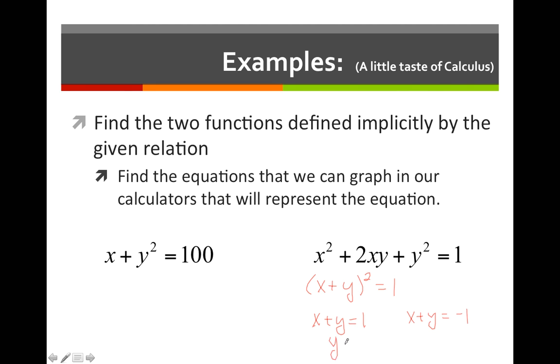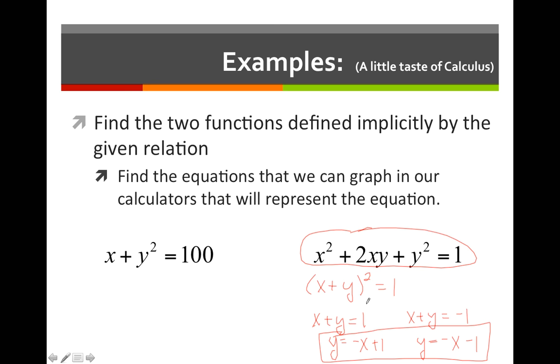I subtract x, I get y equals negative x plus 1 and y equals negative x minus 1. So this particular equation is two parallel lines even. If you tried to graph this on your calculator, you would get two parallel lines. But these are the two functions implied or implicit functions defined by the original equation.